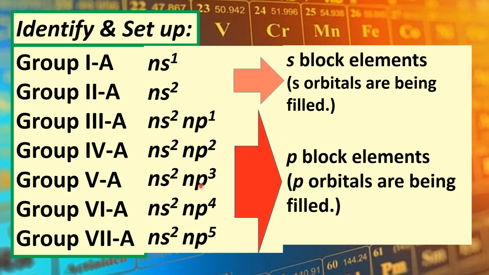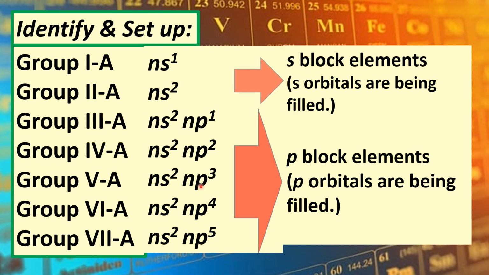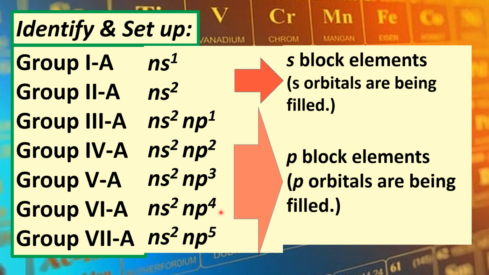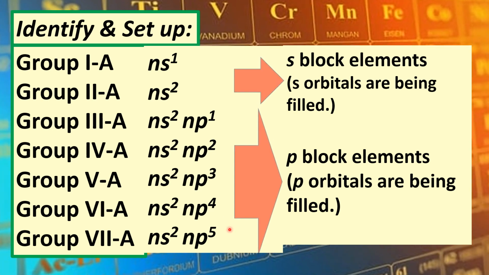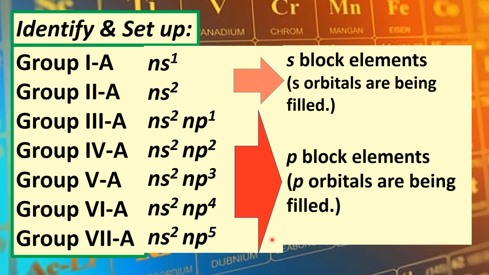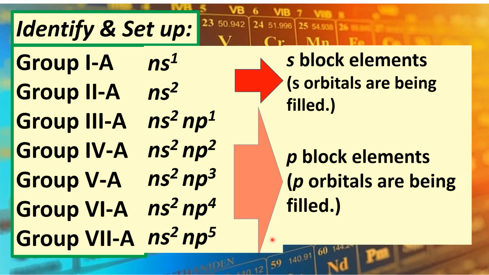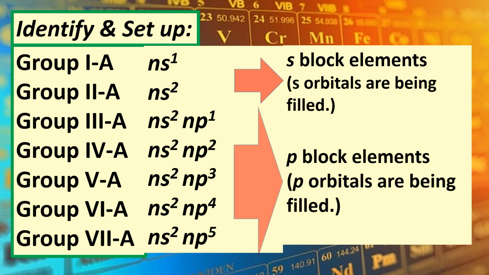In groups 3A up to 7A, the p orbitals are being filled with electrons, hence they are called the p block elements.